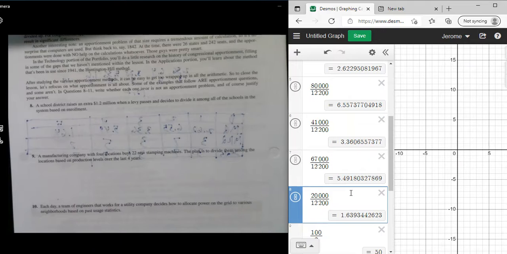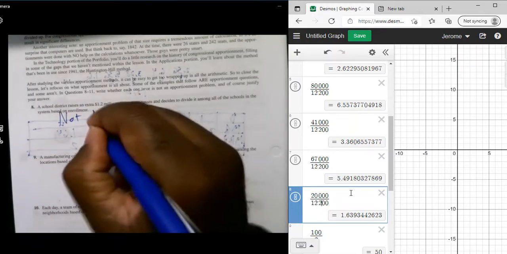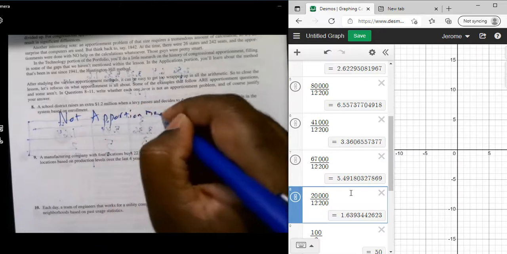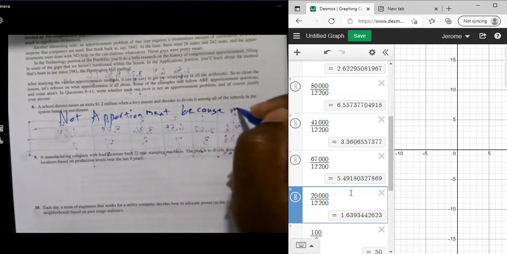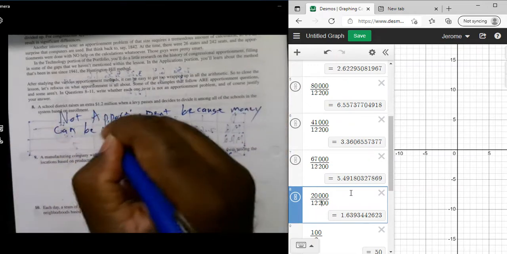Number 8 says a school district raises an extra $1.2 million when a levy passes and decides to divide it among all of the schools in the system based on enrollment. Okay, this is not apportionment because money can be divided evenly.